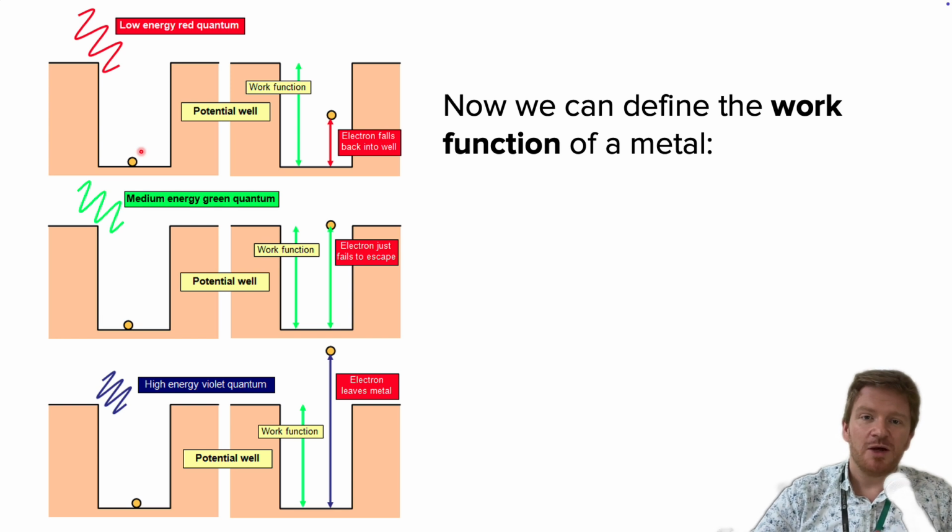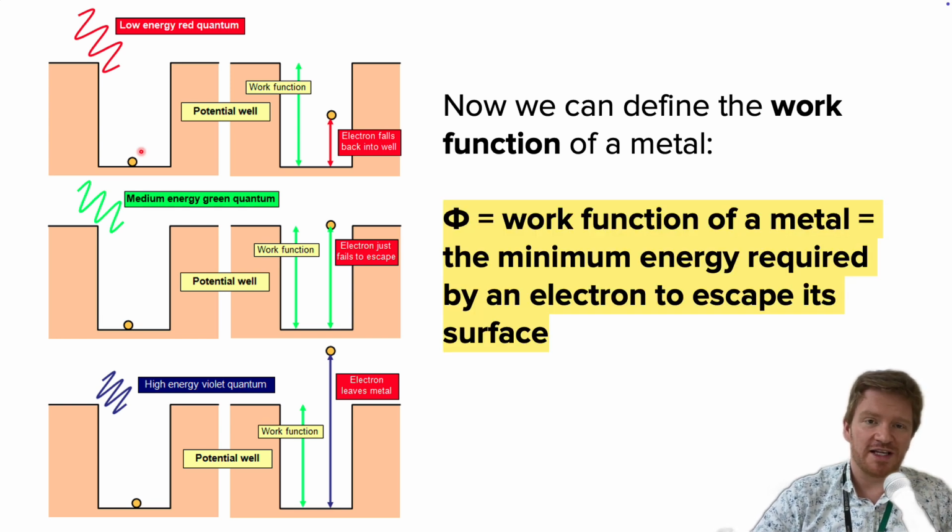So with that in mind, we're going to come up with this equation called the work function. We're going to give it the symbol phi, Greek letter, and we're going to say that it is the minimum energy required by an electron to escape the surface of a metal.